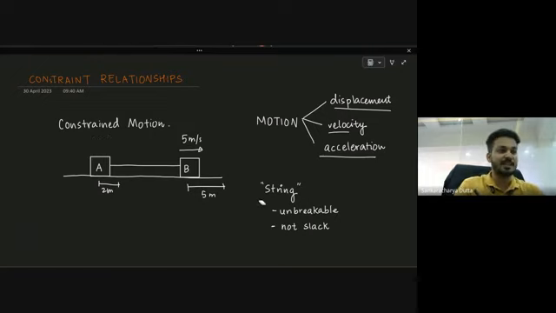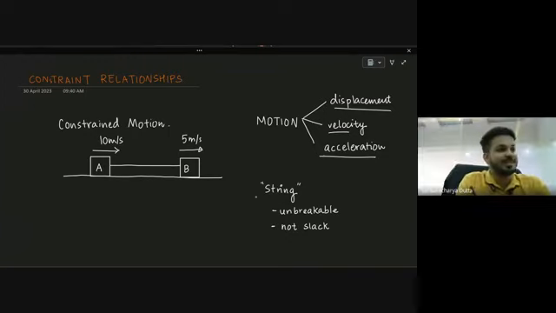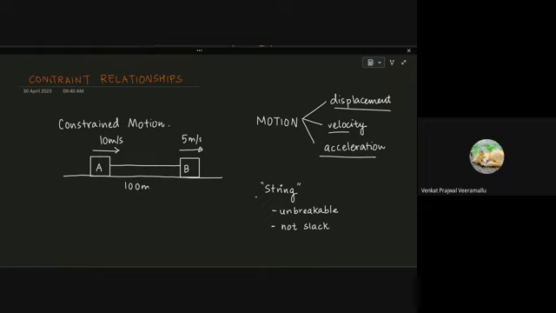Now imagine the other scenario. What if this thing was traveling at 10 meters per second? What will happen to the distance between A and B? Sir, after 1 second, object A will overtake object B. Well, we don't know the distance between them. What if the distance between them is 100 meters? The string is not allowed to slack. So there will be slack? Why?